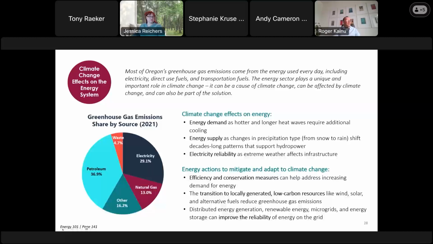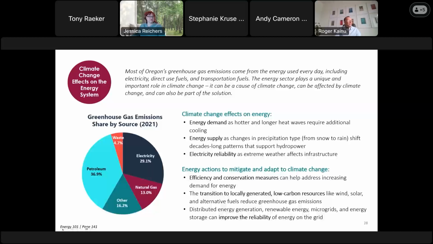Climate change may also affect the reliability of Oregon's energy system. Increased frequency and intensity of extreme weather can affect energy facilities and transmission lines, threatening the reliability of the energy services Oregonians need. Extreme flooding and landslides can also affect delivery of other energy, like liquid fuels.